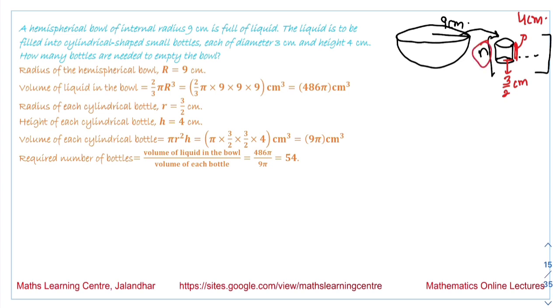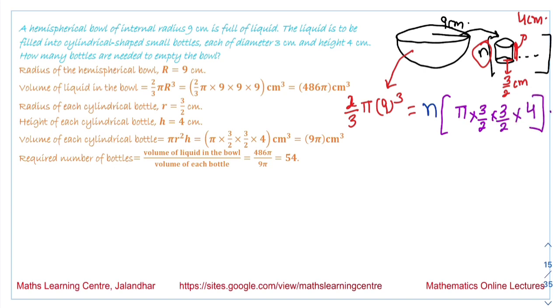Suppose there are n bottles. So the volume of the fluid in this hemisphere is 2 by 3 pi r cube. This is the internal radius, and this should be equal to the number of bottles, n, times the volume of each bottle, which is pi r square into height 4.